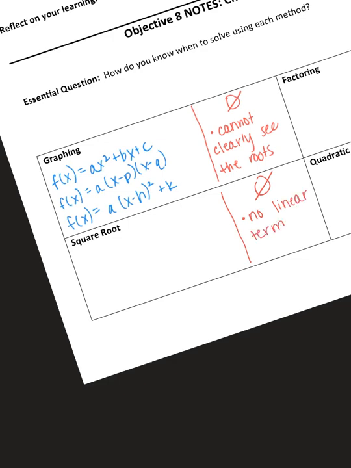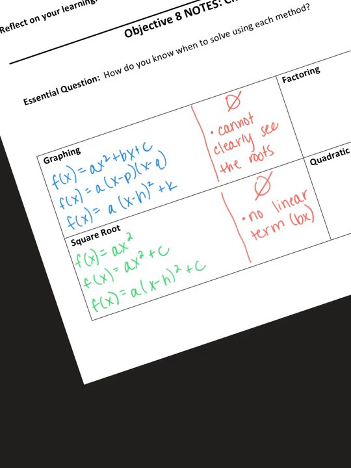And the linear term would be a b times x term. So any term with an x. Okay, now you can use the square root, and it's good to use the square root when you have a times x squared, or you have a times x squared plus c, or you have a function in vertex form.